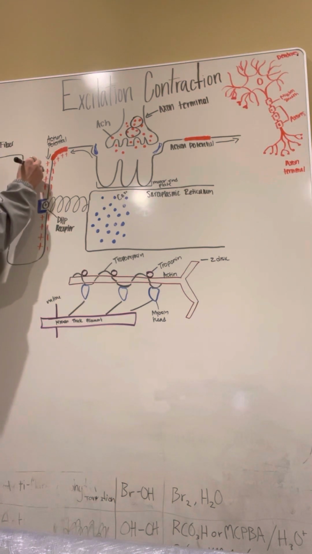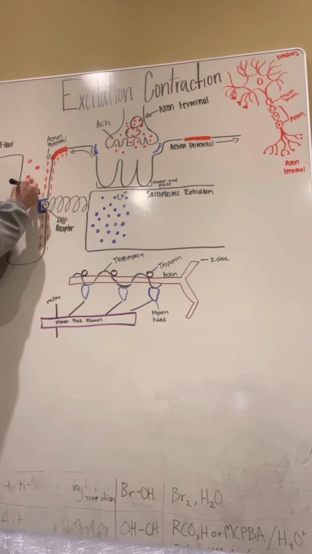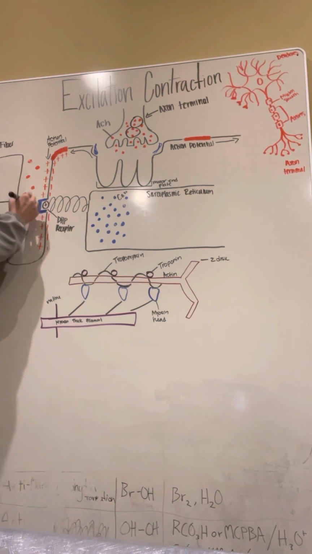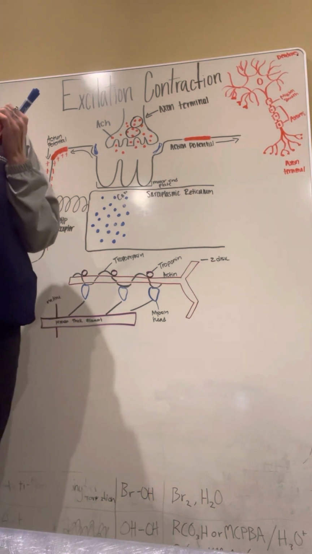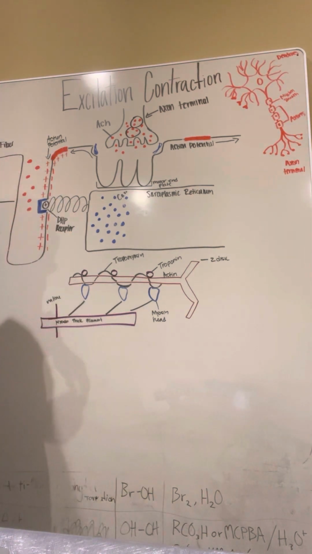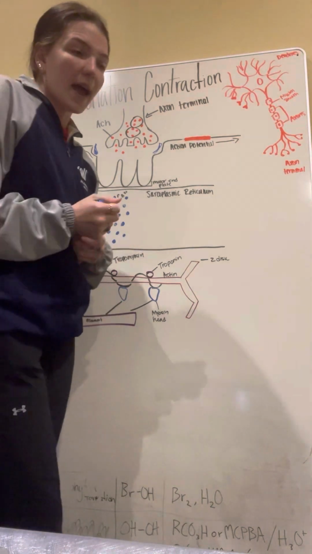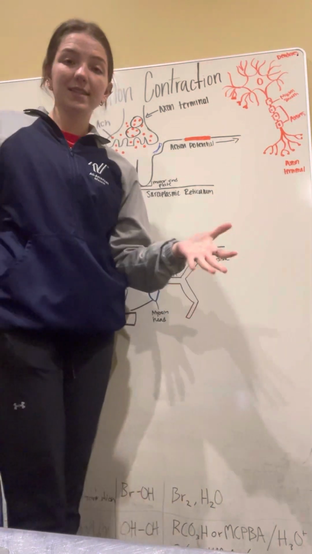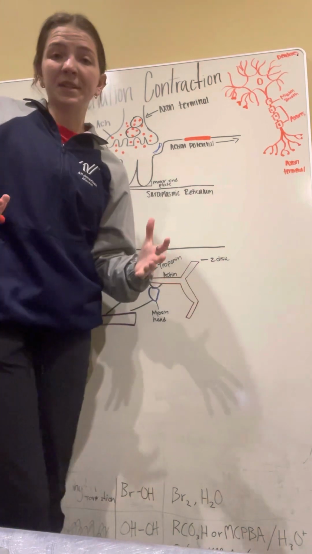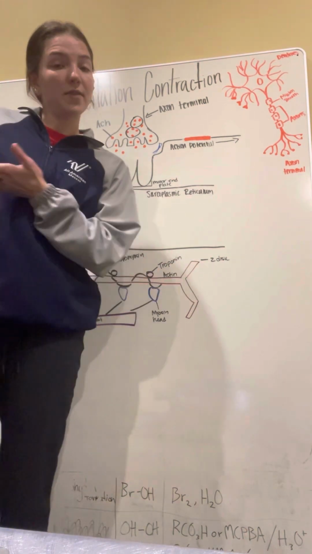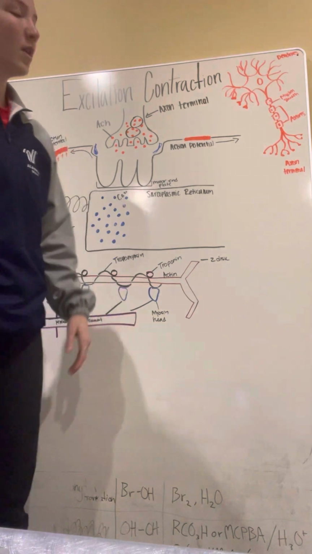So those little guys are going to come all the way down the T-tubule. So the action potential gets into this interior part of the cell, and this is ultimately going to trigger the next event in the sequence.